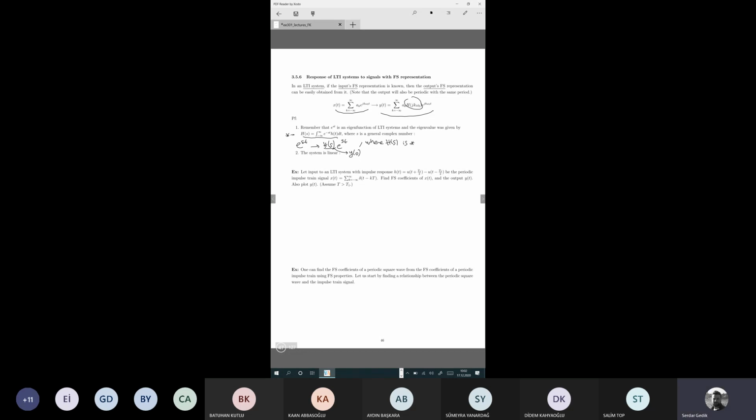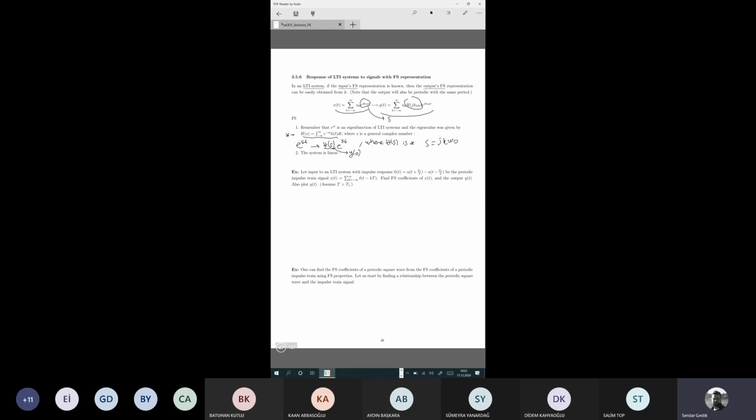So if H(s) is given in this formula, then if e^{st} is at the input, at the output of this LTI system you have H(s) times e^{st}. So if I have s equals jkω0, note that here, instead of e^{st}, I now have e^{jkω0t}.